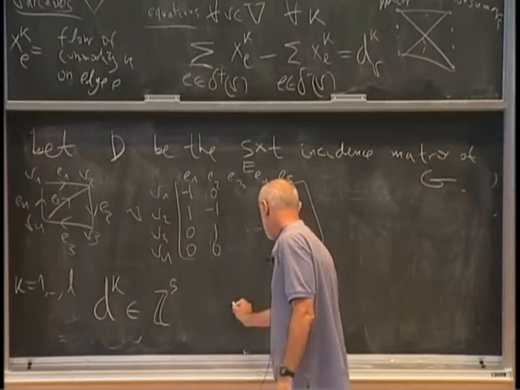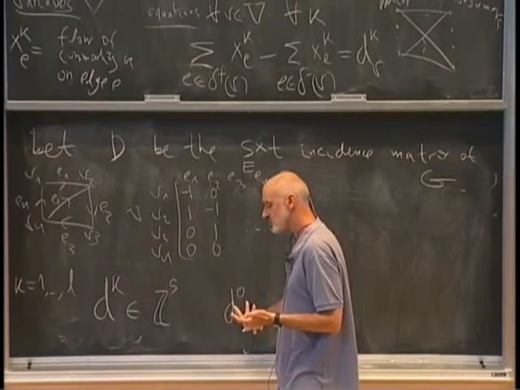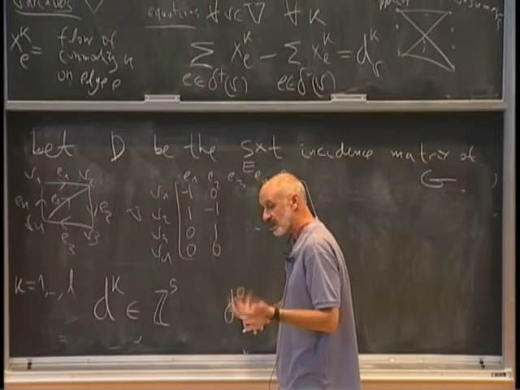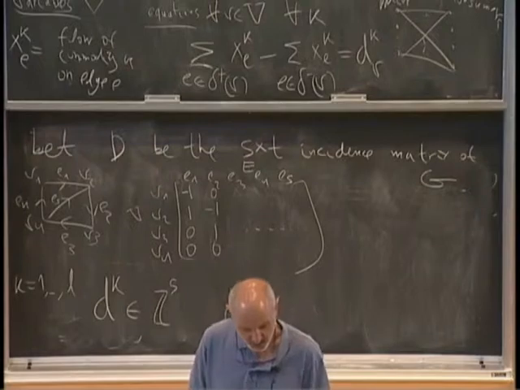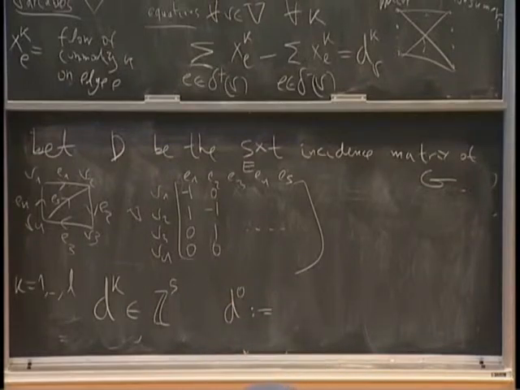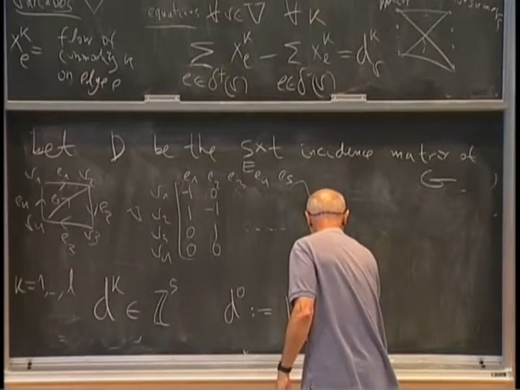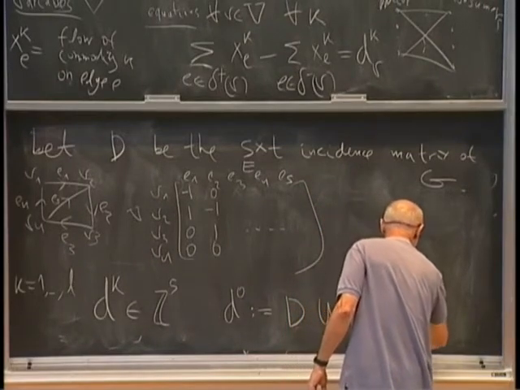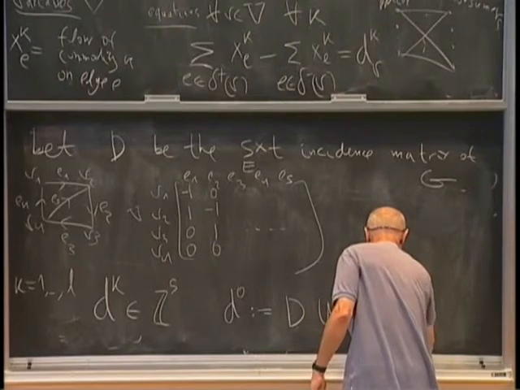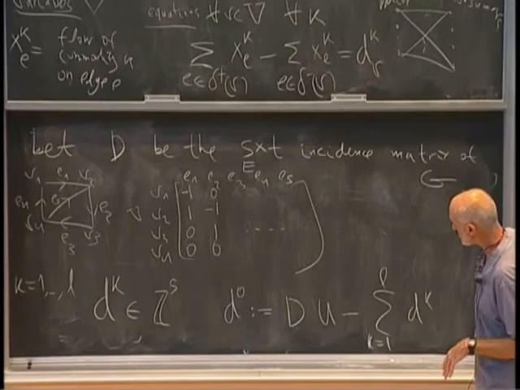And also I need to make things consistent. I need to define a new demand vector for the slack commodity. The equations are over-determined, so it simply has to be this D matrix times U, the capacity, minus the sum of dk, k from 0 up to L. So this is just a redundant equation, but we have to do it in a nice way.